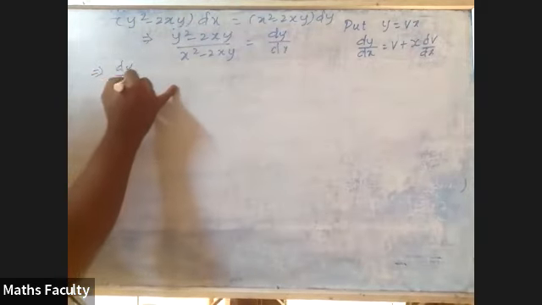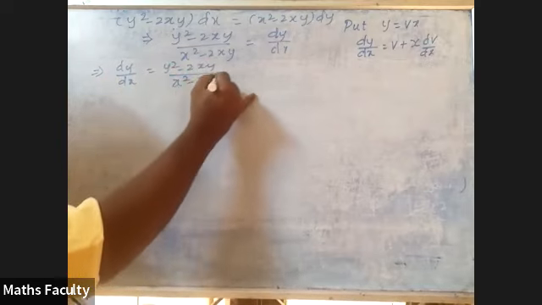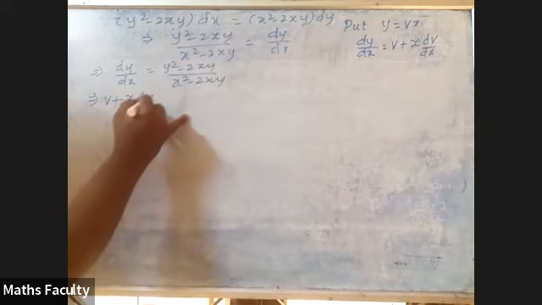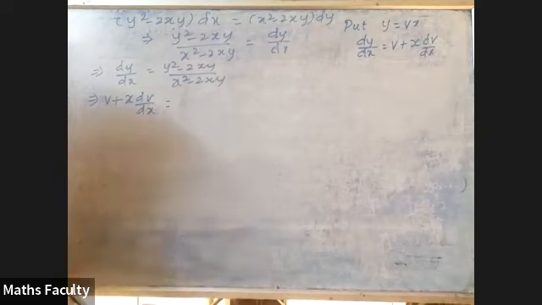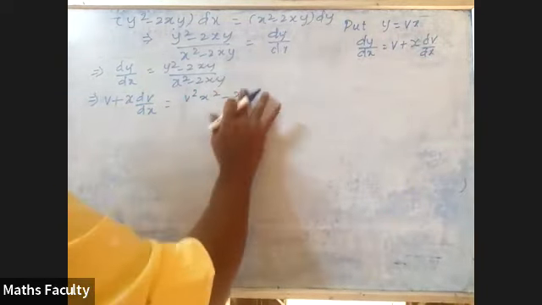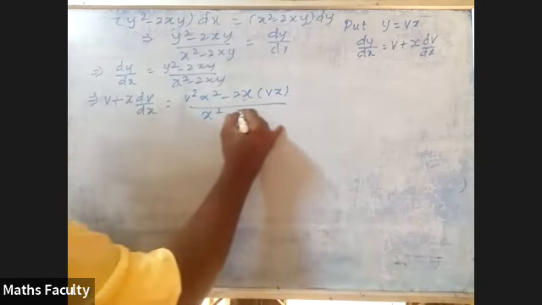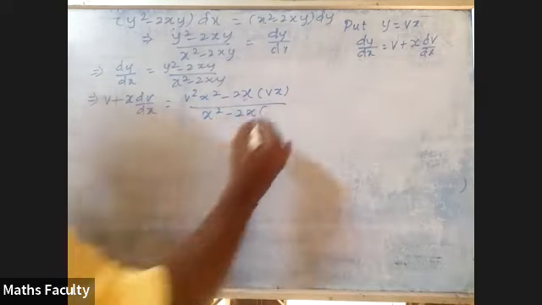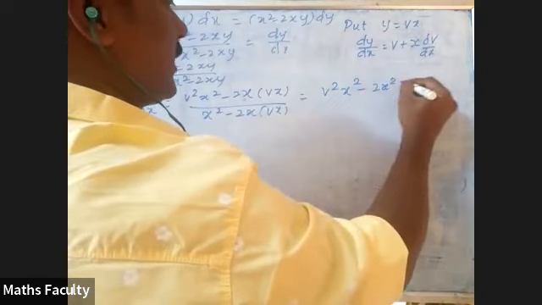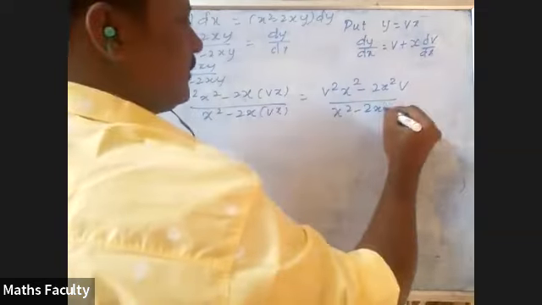So dy by dx is equal to y squared minus 2xy divided by x squared minus 2xy. Instead of dy by dx, I can write this as v plus x dv by dx is equal to y squared, which is v squared x squared, minus 2x into vx, divided by x squared minus 2x into y, which is vx. That gives v squared x squared minus 2x squared v divided by x squared minus 2x squared v.